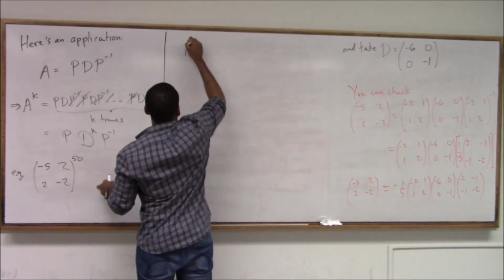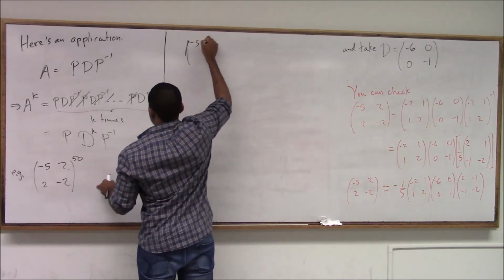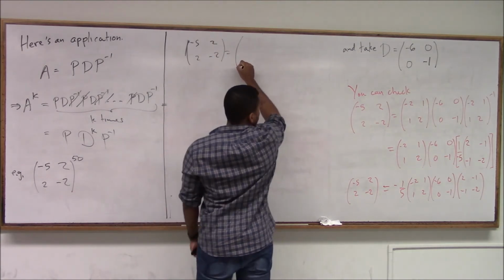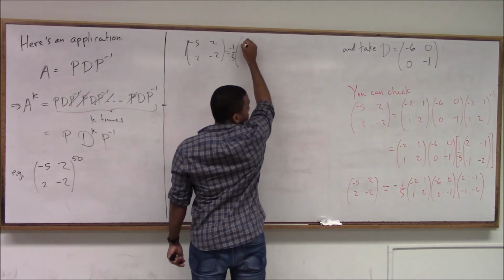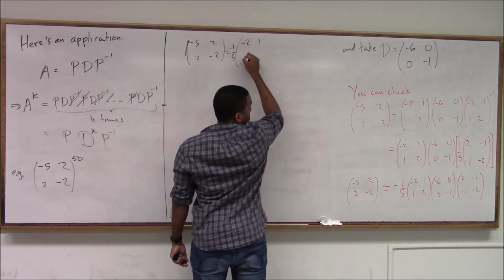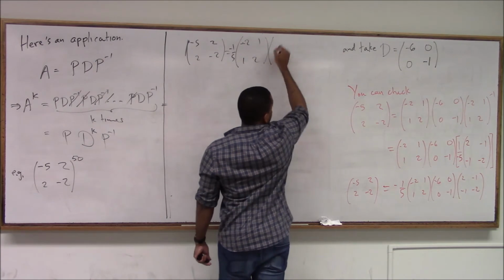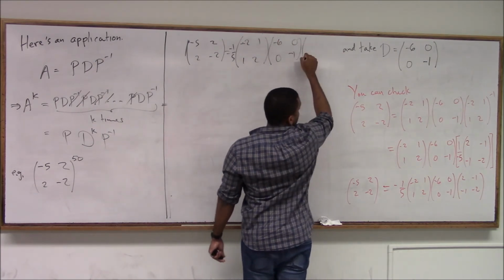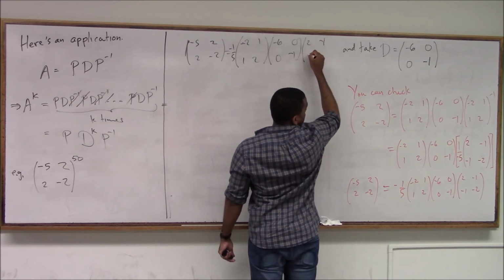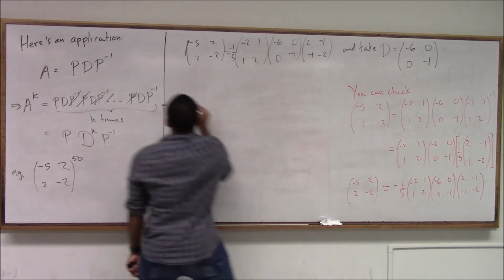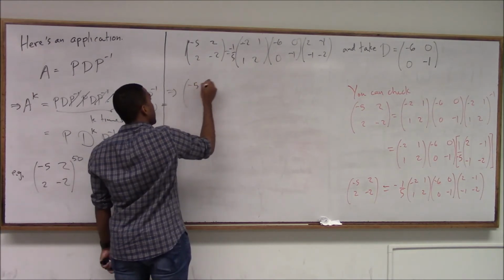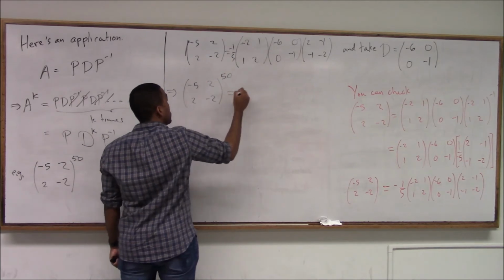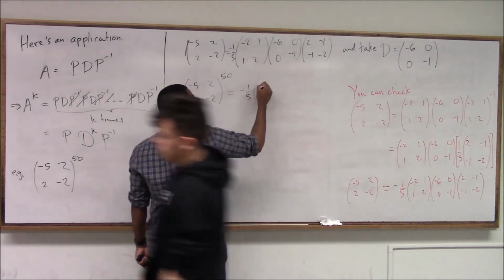Notice that since [-5, 2; 2, -2] is equal to minus 1/5 times [-2, 1; 1, 2] times [-6, 0; 0, -1] times [2, -1; -1, -2], this means that if I take this guy to the 50th power, it will be the same as taking this to the 50th power.